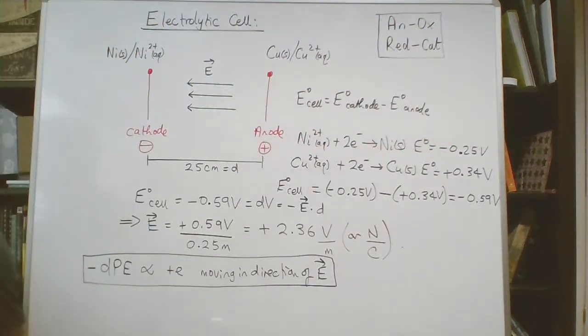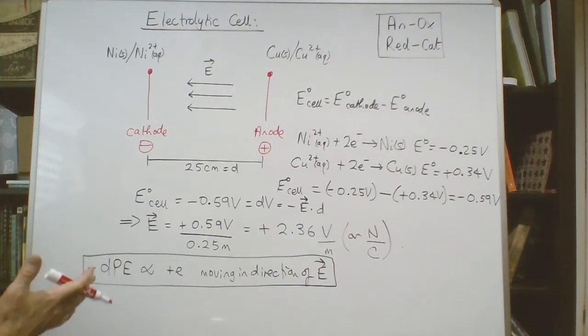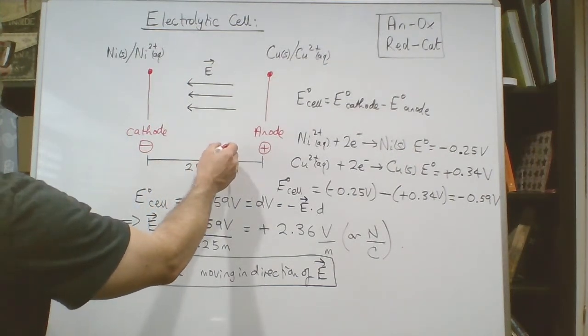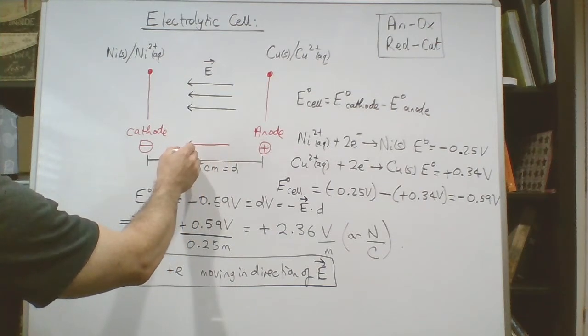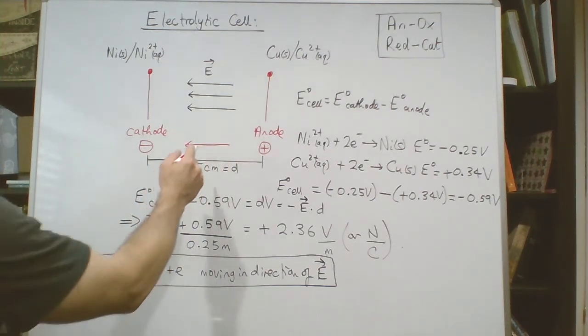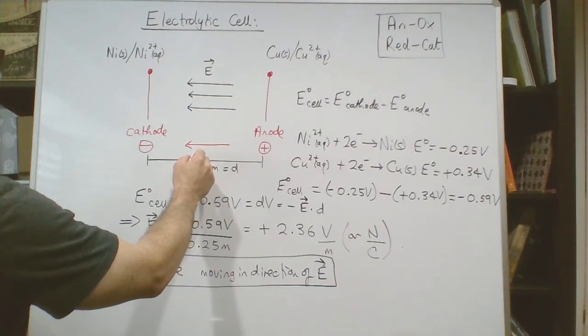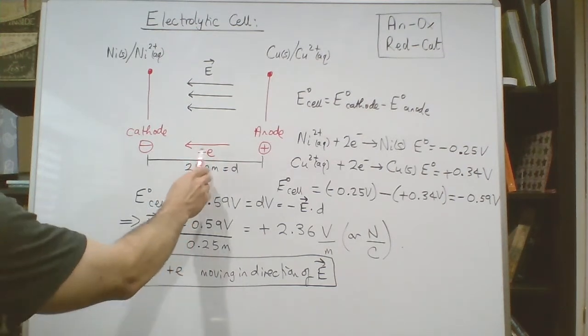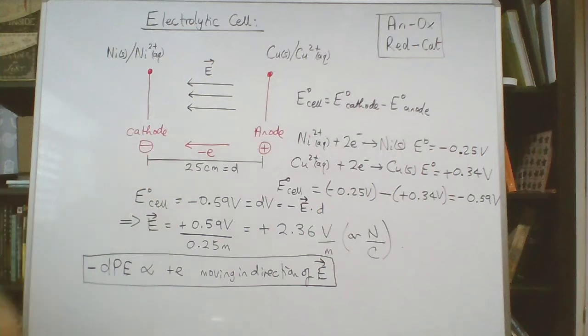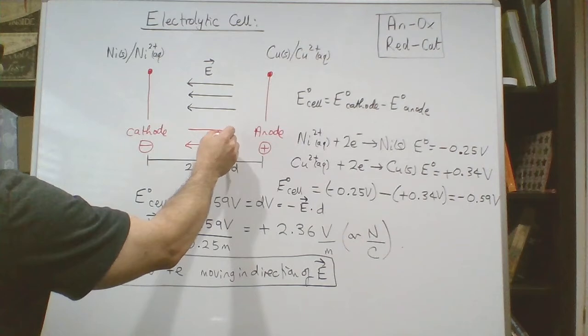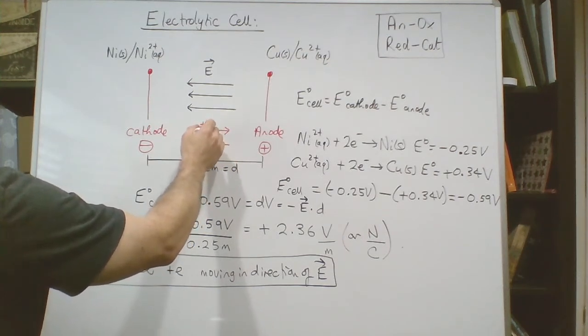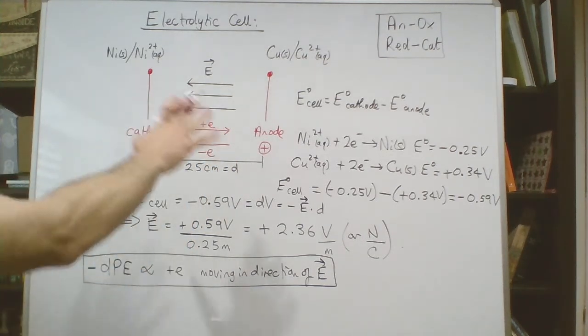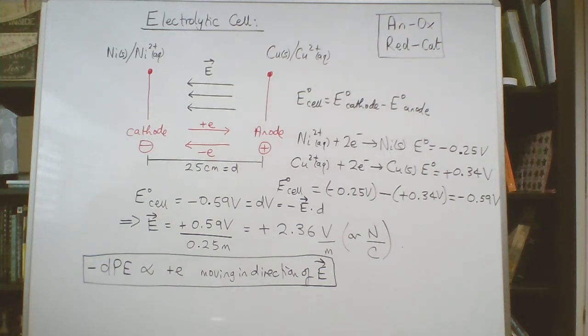But what we have in an electrolytic cell, if you recall from the previous slide, the electrons were moving counterclockwise. So this negative charge moving that way, the electrons were moving counterclockwise. Therefore, positive charge would be moving clockwise. So it's the opposite flow of electrons, the way I drew it in the previous board.